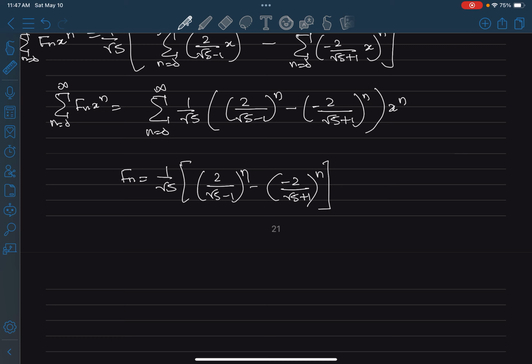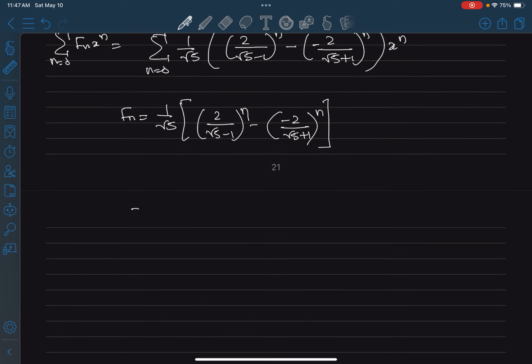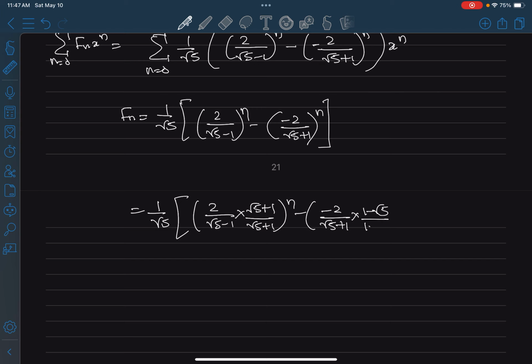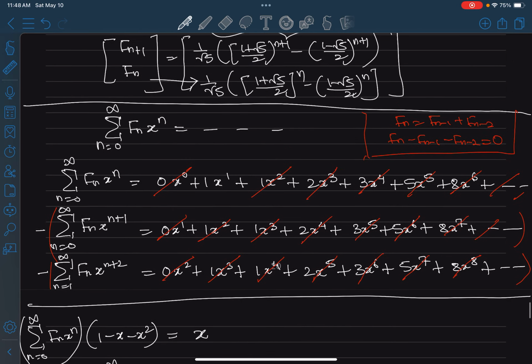How can we do that? What you can do to make it look similar is to multiply this by (√5 + 1)/(√5 + 1) to the power n, and this by (1 − √5)/(1 − √5) to the power n, right? Because that's how it was earlier, right?